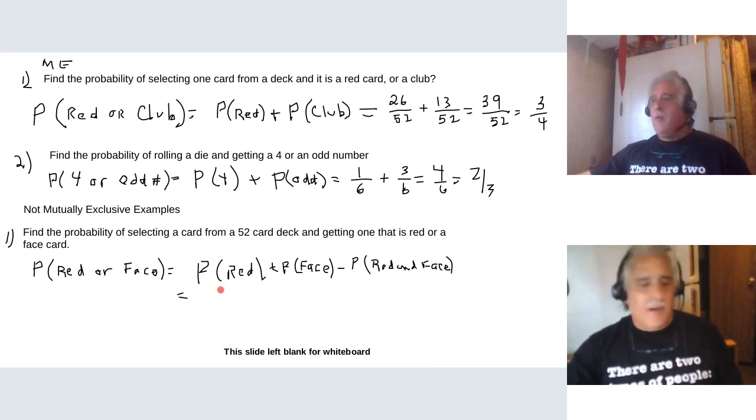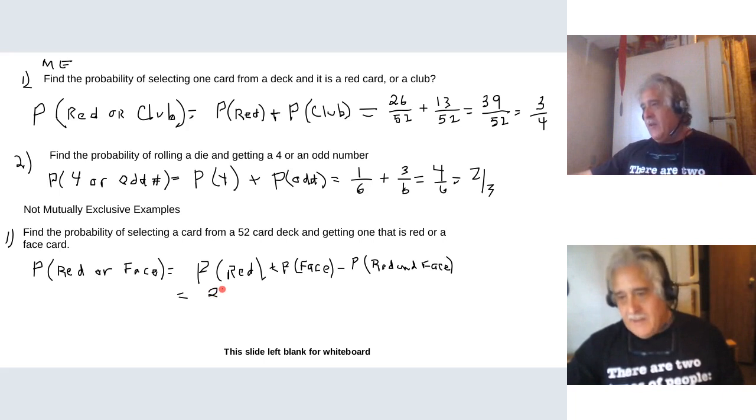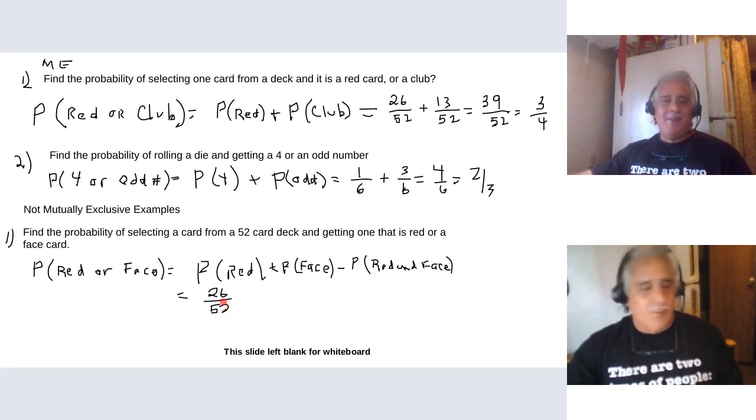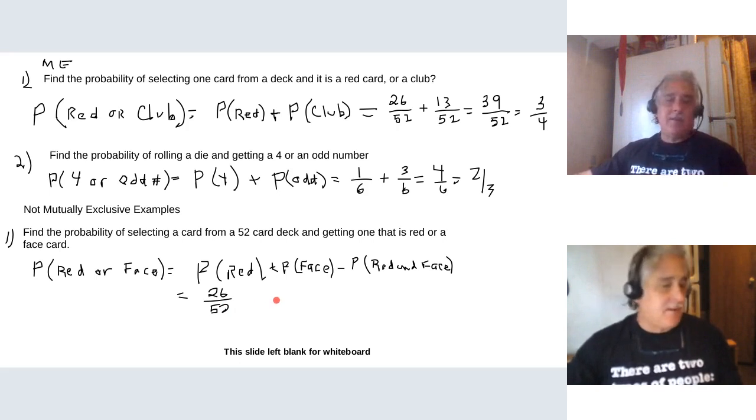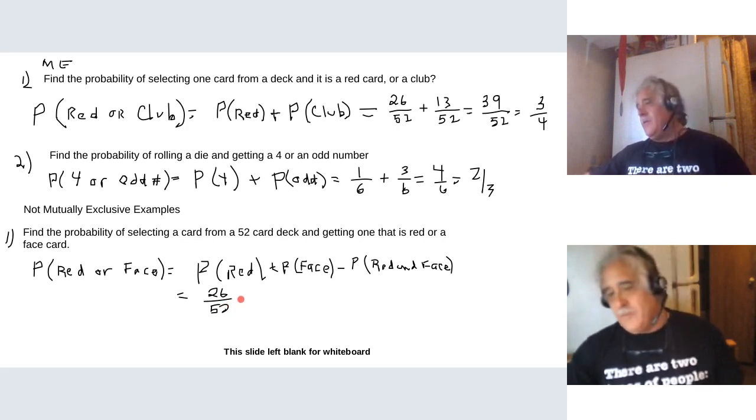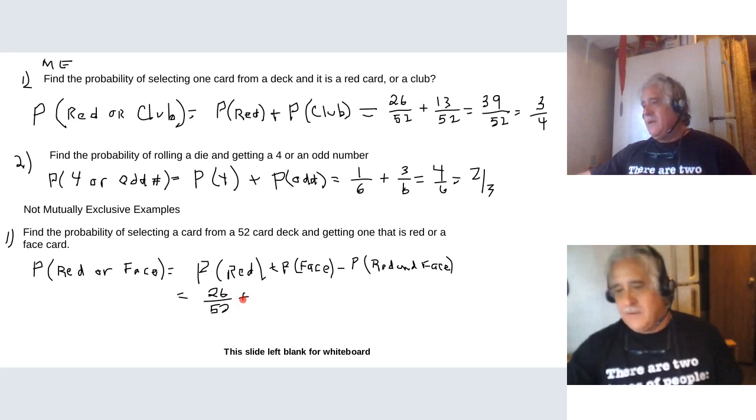Okay, the probability of it was red. Remember, we looked at something very similar, which was the black, I believe. Exactly half of the deck is black, or 26 out of the 52. It really doesn't behoove us to put the 1/2 there, because then you'd have to go backwards. So I'll leave it as the unsimplified fraction until we get to the end. Now, there are how many face cards?